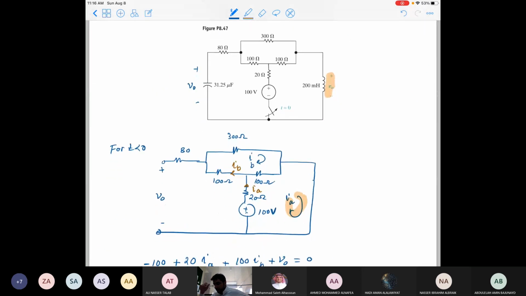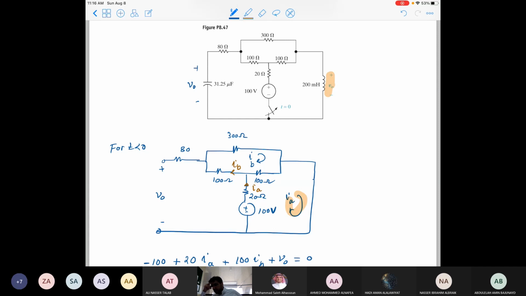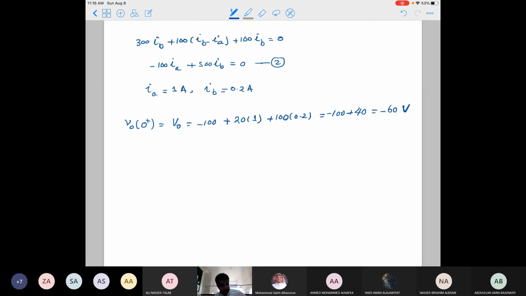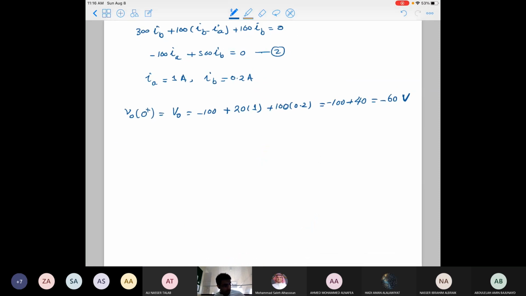Now let's draw the circuit for t greater than 0. For t greater than 0, the switch is open. This part can be removed from the circuit because there is no current flowing in it. So the circuit will look a lot like this.